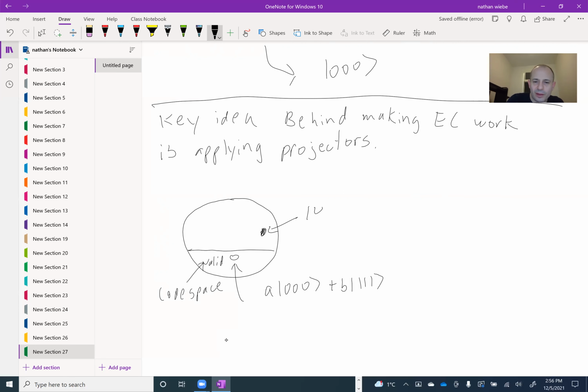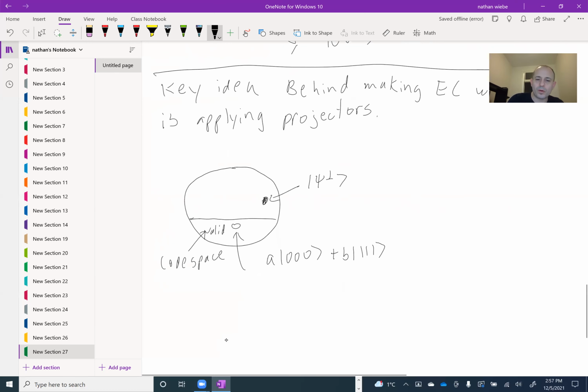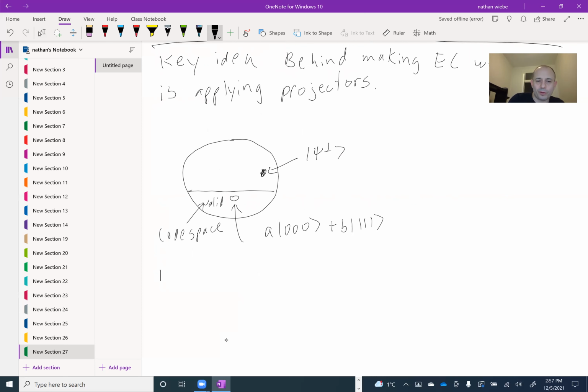I'll call this state psi perp up here. Let's imagine that our valid state gets mixed in, due to some quantum process, with a state from the orthogonal complement. So we're going to model our error for this first example as follows.